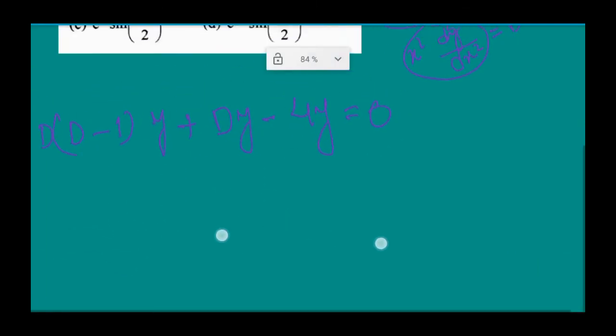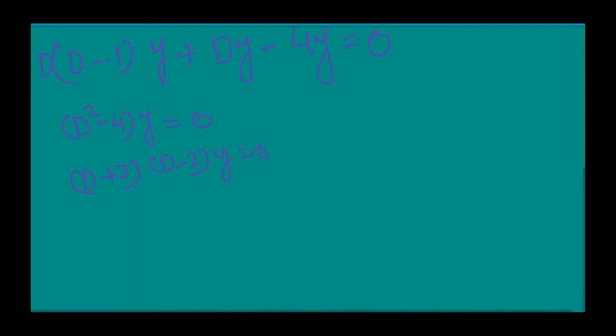This is the new equation, and this comes to be D square minus 4 of y is equal to 0, and this can be written as D plus 2 into D minus 2 of y is equal to 0. Here the auxiliary equation is D plus 2 into D minus 2 is equal to 0, and the D value comes to be 2 and minus 2.